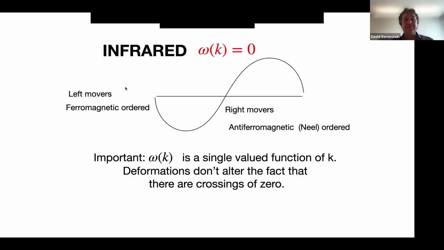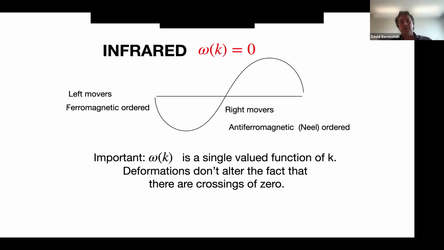So in the infrared, you get left movers, and they're roughly ferromagnetically ordered, meaning that a left moving function will produce an excitation where the amplitudes of the nearest neighbors are aligned. And then for the right movers, you're at k approximately equal to pi, and at k equal to pi, the amplitudes are approximately anti-aligned.